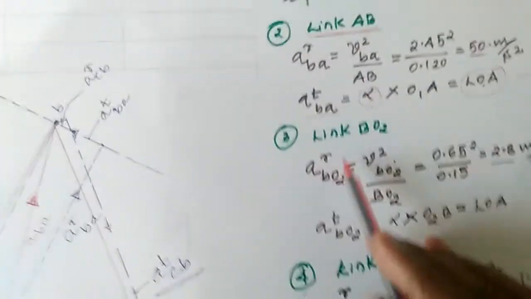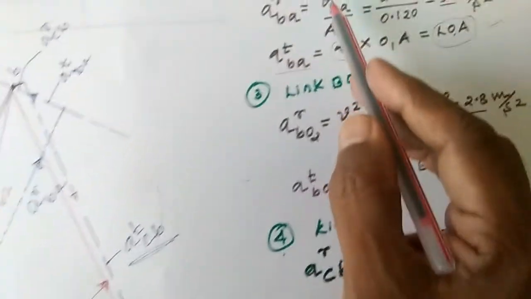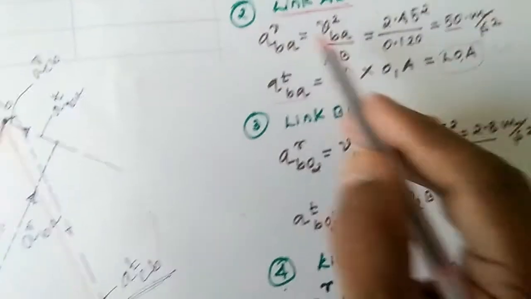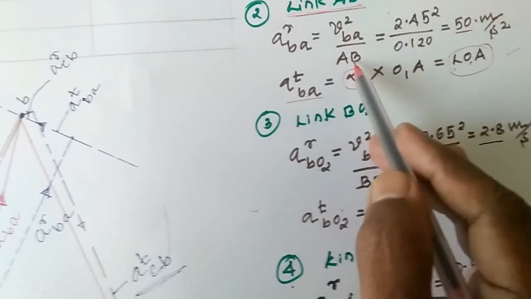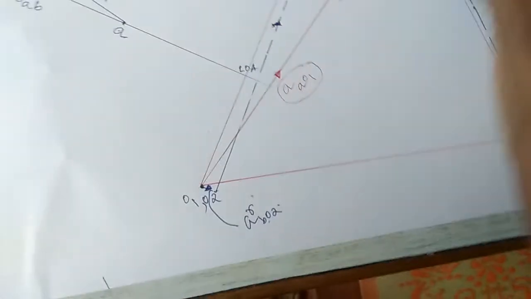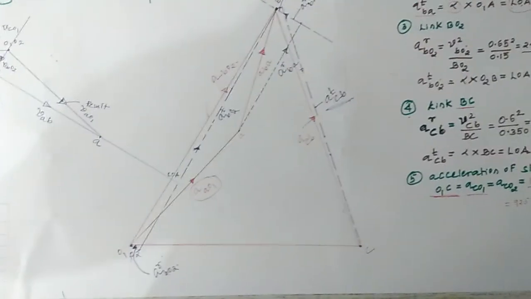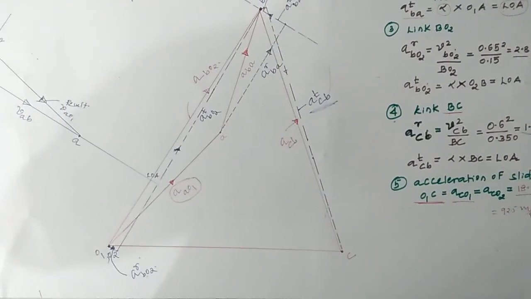Look at link AB, link BO2, link BC, whatever the remaining links, take it along the line of action. You get the radial acceleration from the velocity diagram, using the formula V squared divided by the link length. Then you will find it. Then finally you look at this one. I stop here only. I hope that you got it. Can you find it? Okay, I stop here.